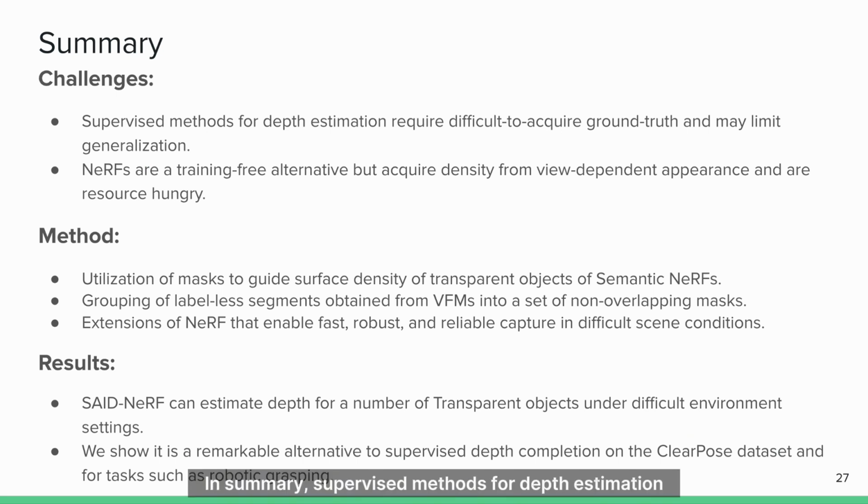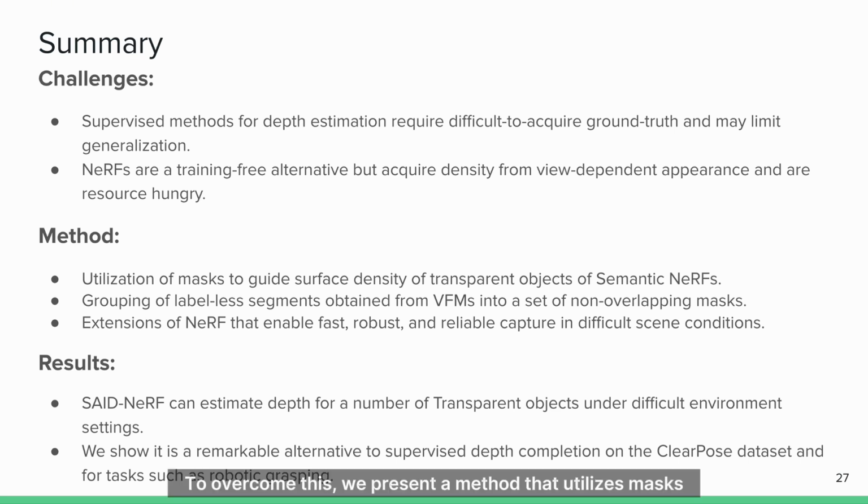In summary, supervised methods for depth estimation require hard-to-acquire ground truth, but may still suffer generalization issues. NeRFs are a promising training-free alternative, but are highly sensitive to views and are resource-hungry.